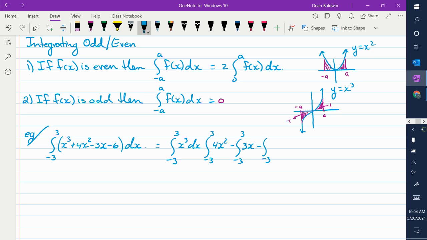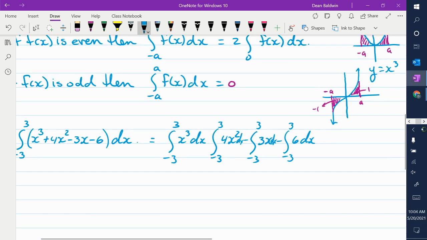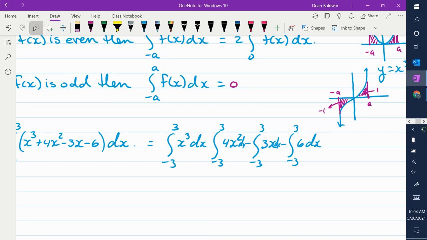And I forgot to write the dx's on some, but forgive me for that. Fill them in. dx. Okay. So that's the same thing. I just broke them up into the separate integrals, right?